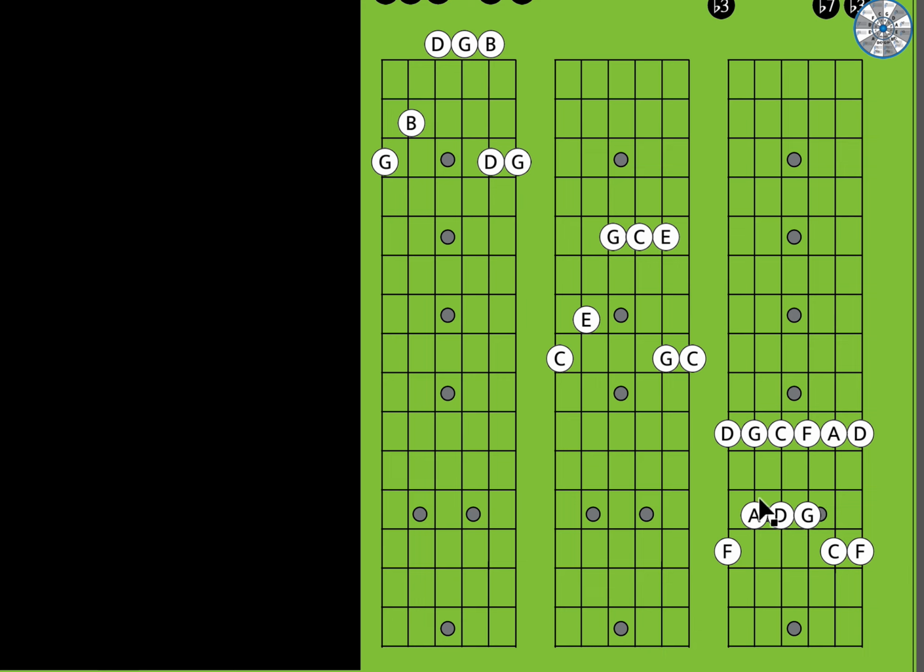If you know your CAGED stuff, you'll understand this. And then we have the F chord by eliminating the D and the G in this shape right here. So these positions produce what looks like the G chord.